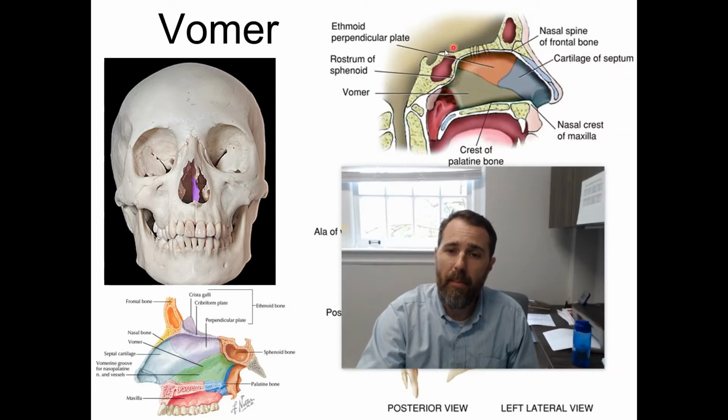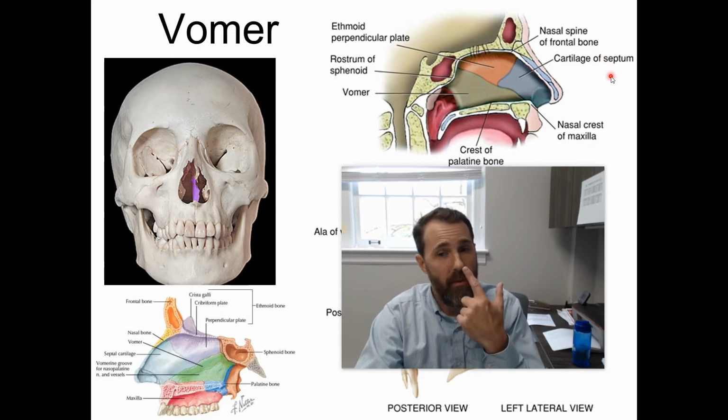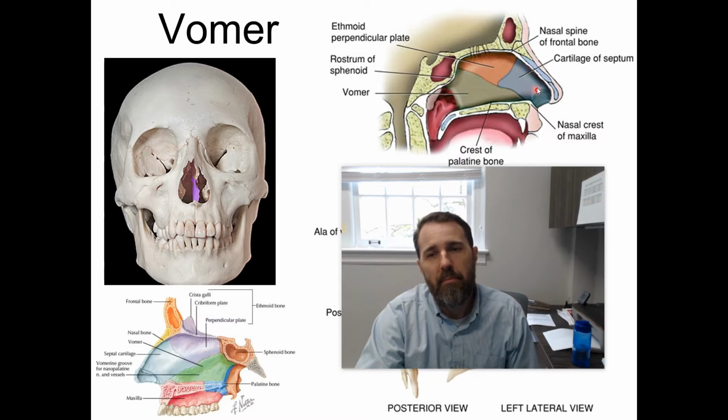Looking at this image, you can see this blue portion of the nasal septum is cartilage. And so that is why the most anterior part of your nose is bendy, right? You can move it back and forth. You can sort of squish it down a little bit. Because the anterior most part of your nasal septum is cartilage.